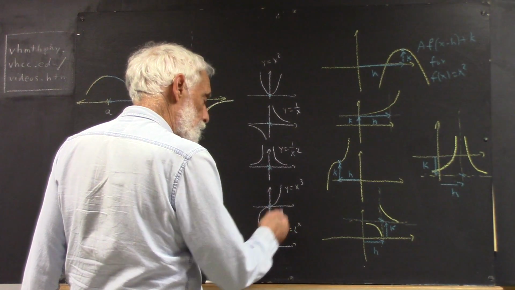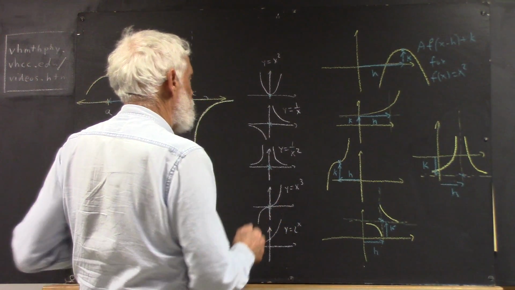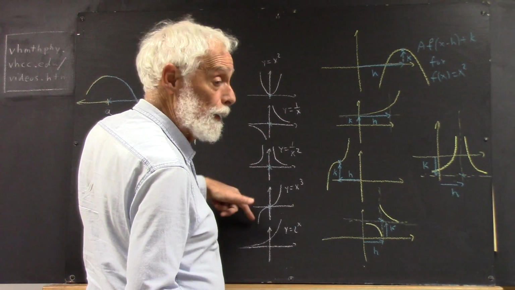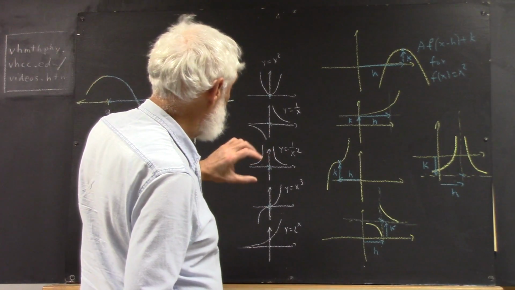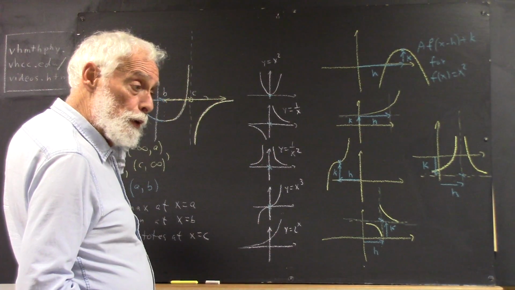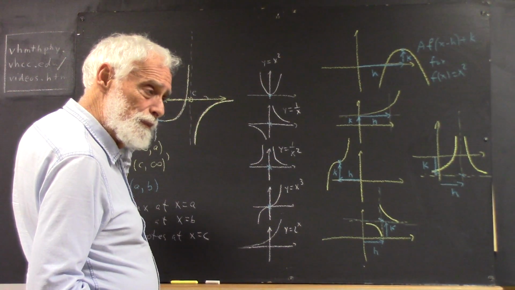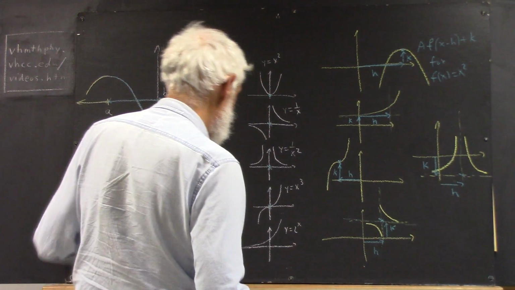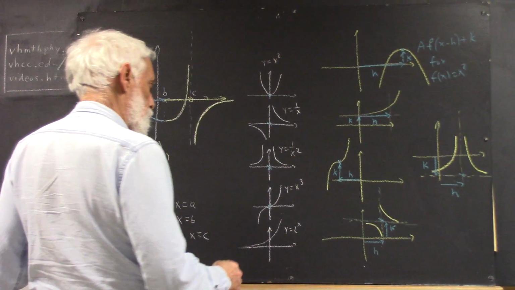I'll say the distinctive things about this graph, there's a very distinctive point on each one of these graphs. And in each case, it's actually the origin, because that is sort of a point of symmetry, or at least a point where one axis of symmetry crosses, and often two.